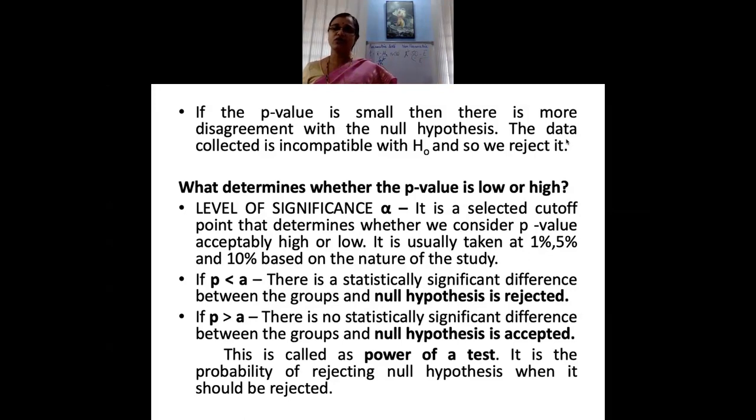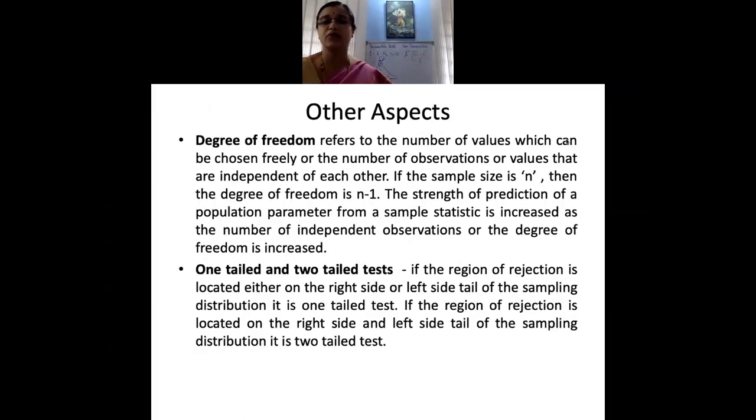So what do I do? I test it, and then ultimately I find that whatever my observed data is doesn't differ much from whatever values are given, then I say that my null hypothesis is accepted or rejected. Okay, so this is what we do under testing of hypothesis.